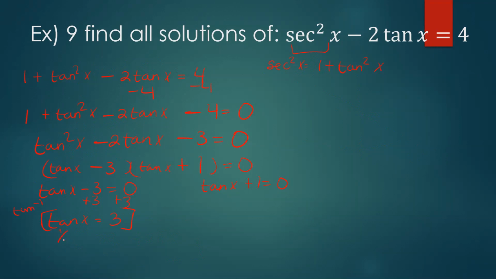So that would be x equals tan inverse of positive 3. And then over here, you would subtract 1. You would get tan of x equals negative 1, and then I would take the tan inverse of both sides. So you would get x equals tan inverse of negative 1.